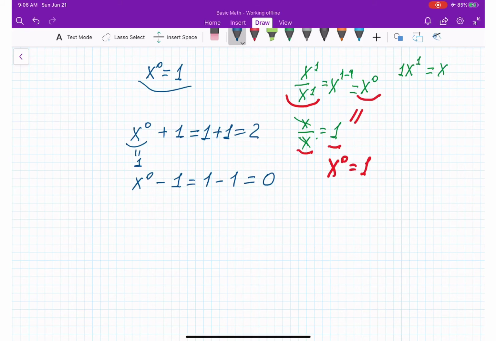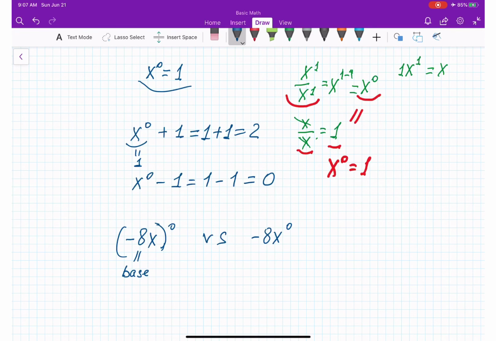So let's do the next case. Negative 8x to power 0 versus negative 8 x to power 0. When we have parentheses here, that means the base is negative.